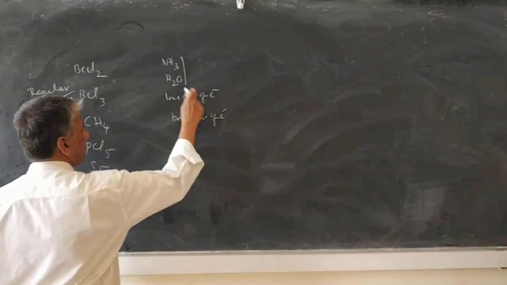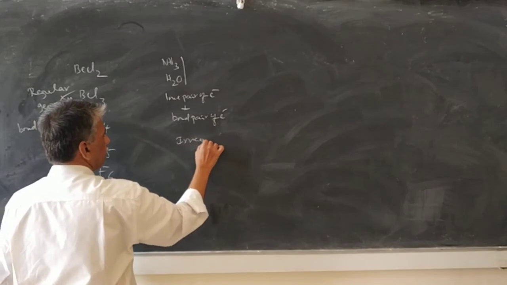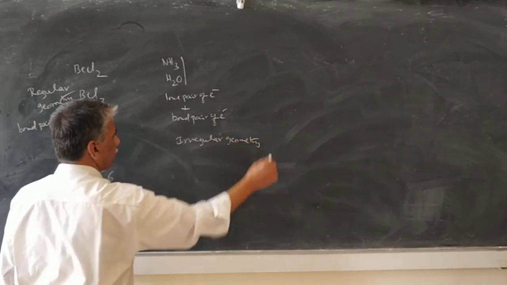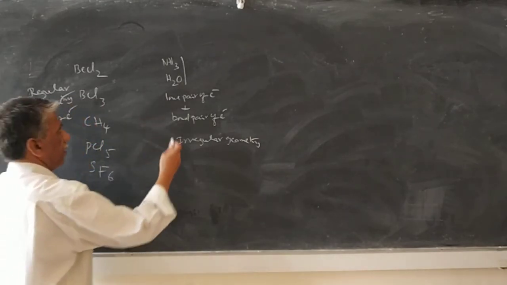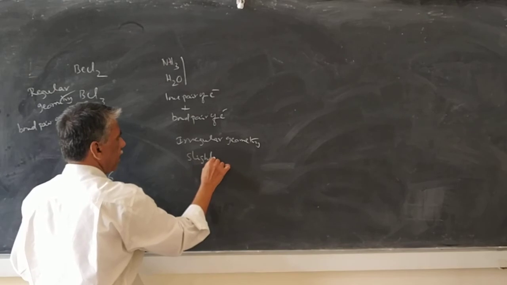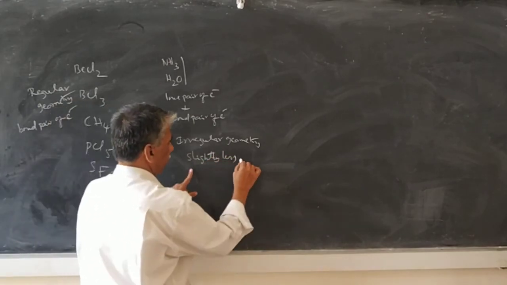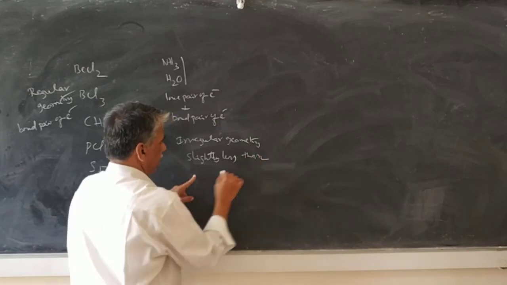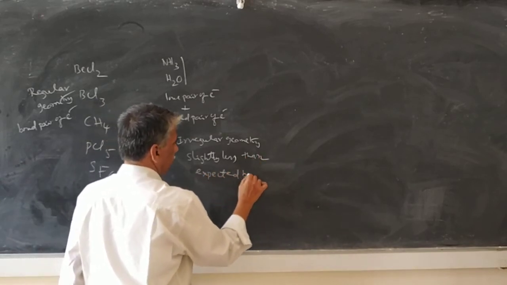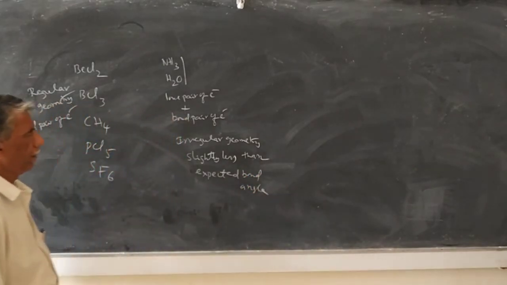Since they have lone pairs of electrons, these molecules will have irregular geometry, and their bond angles are slightly less than the expected bond angle.